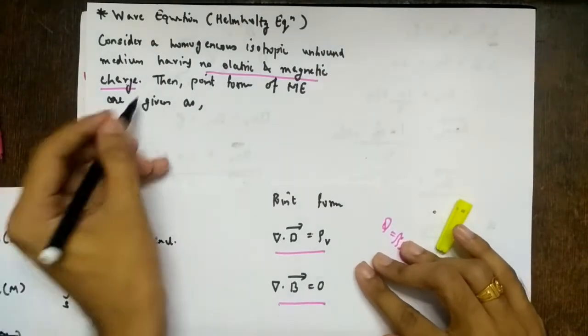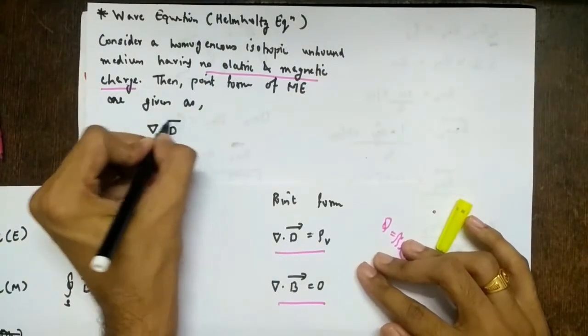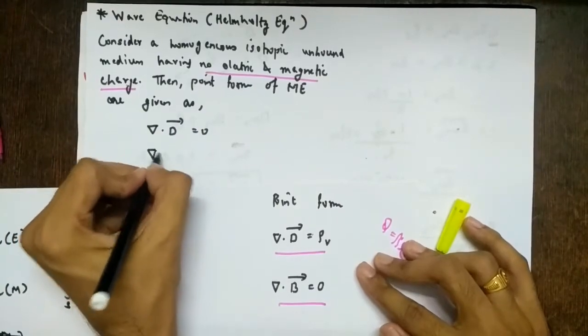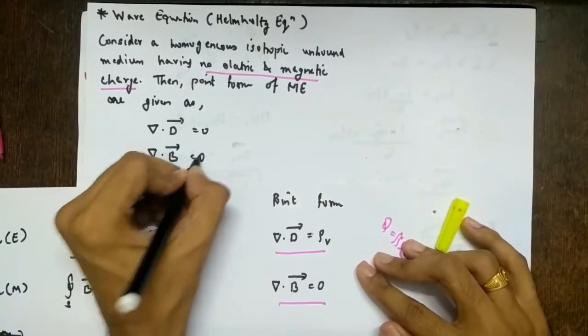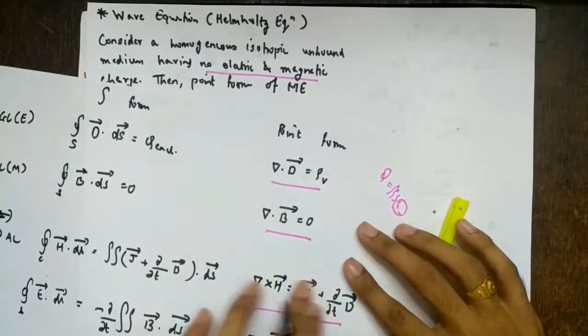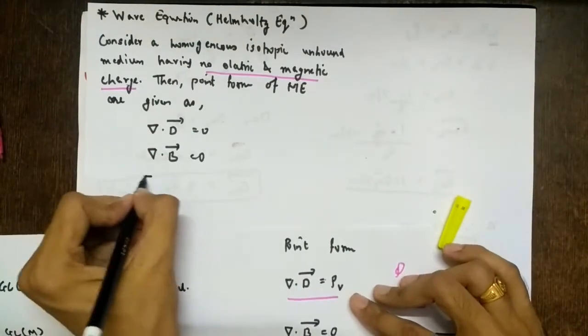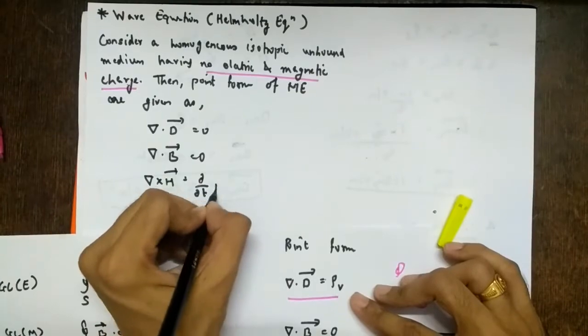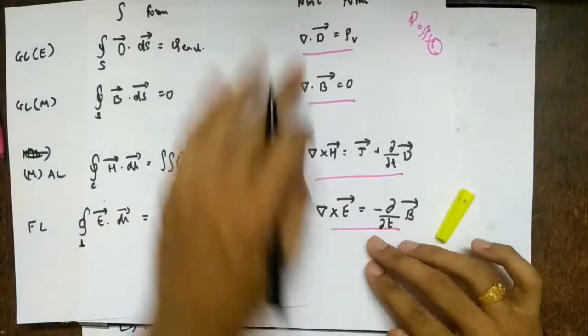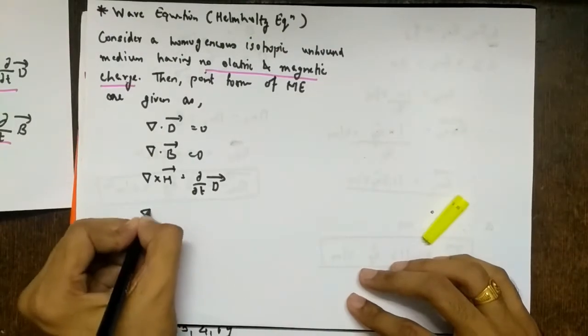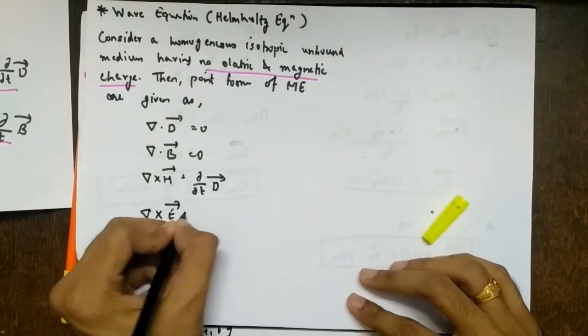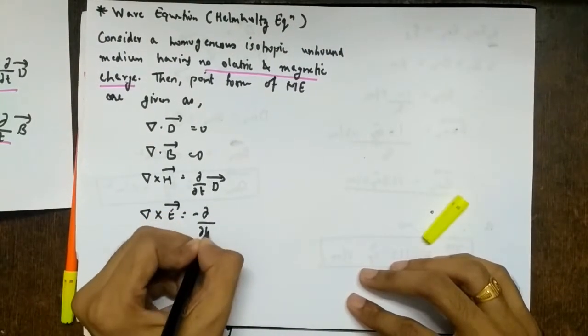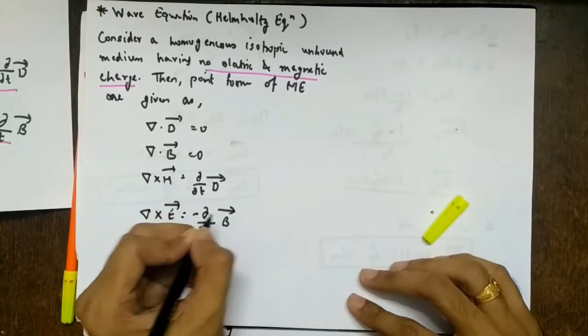So we have what? So we have del dot D vector equal to 0, del dot B vector equal to 0. Then here J is 0. So del cross H vector is dabba by dabba t D vector. Then what we have? This cannot be 0. So del cross E vector is minus dabba by dabba t B vector.